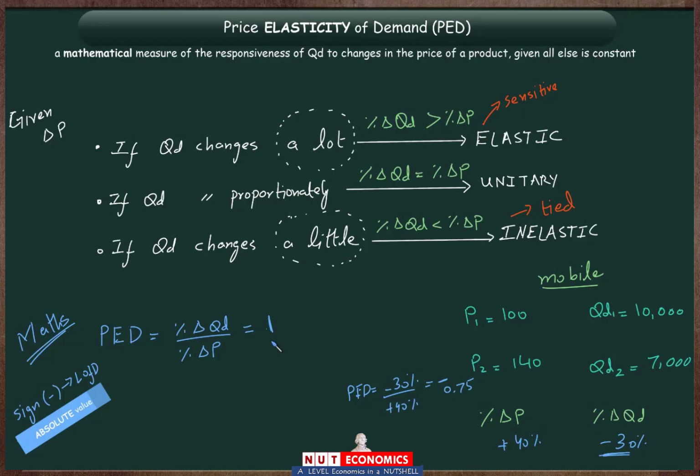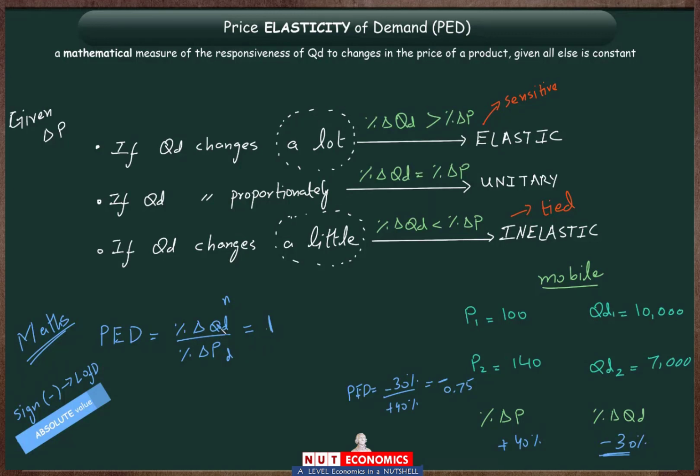Why? Because you are dividing two numbers to get your PED. That's the formula. When you divide two numbers, the only way the answer can turn out to be equal to 1 is when you are dividing the same number by itself. The numerator and the denominator, if they are the same, then the answer of the division will be equal to 1.